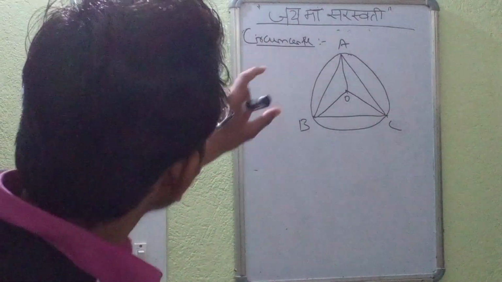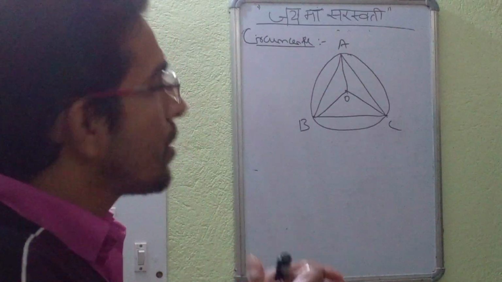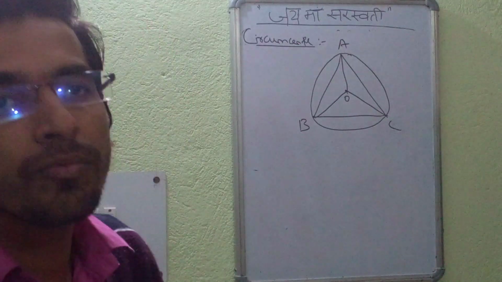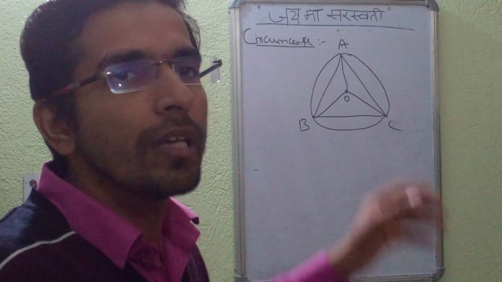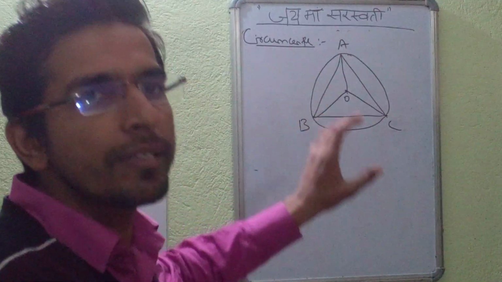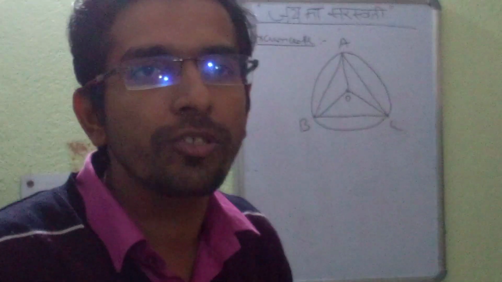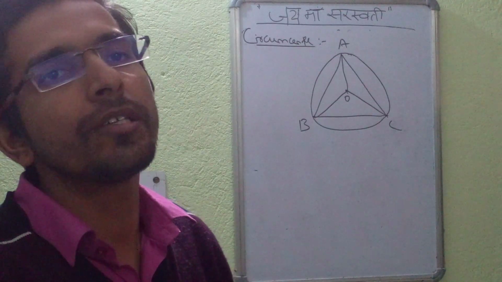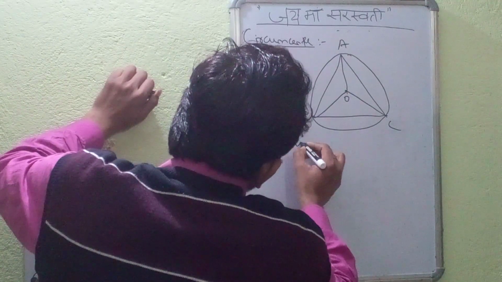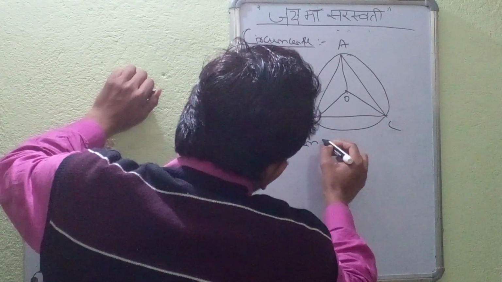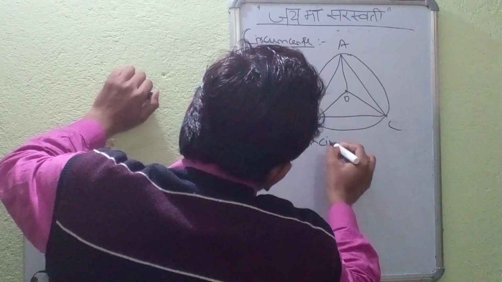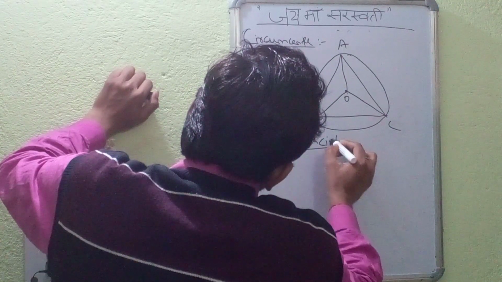This type of circle which touches the outer vertices of the triangle is entitled as the circumcircle, because it is touching all the vertices of the respective triangle outside. This is known as the circumcircle.